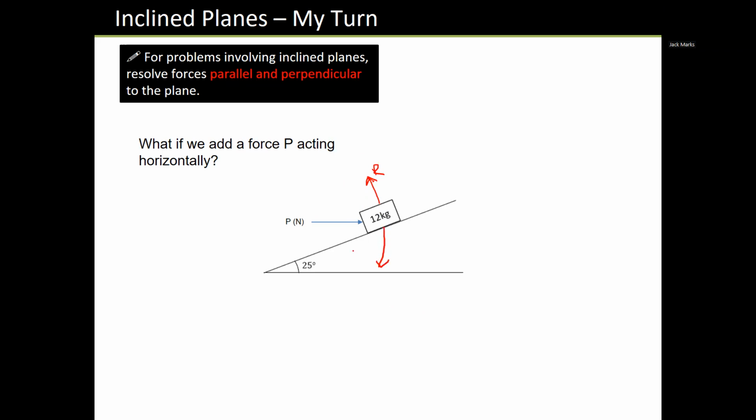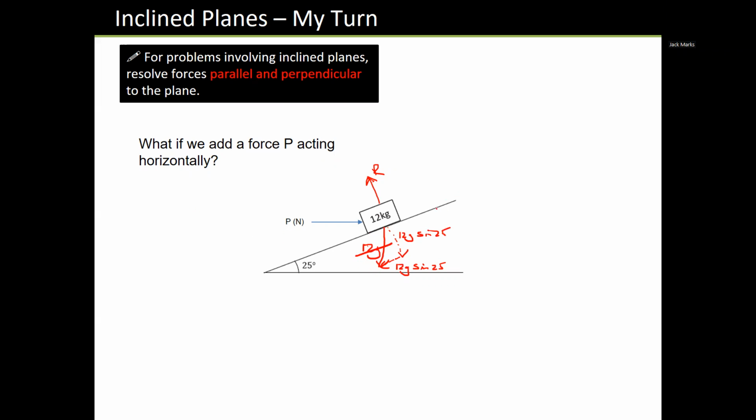The weight, as before, goes straight down, and then you draw the triangle to break it up. Opposite is going to be 12g sine 25. Adjacent is going to be 12g cos 25. I've now dealt with that, so I'm going to get rid of that.